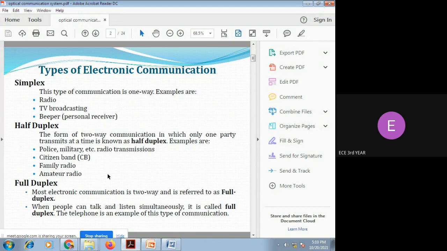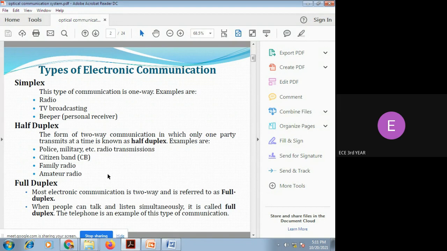Repeat once again. First one is simplex operation. It is a one-way communication, exchanging the information only one side, not the other side. It is called simplex communication. Example, TV broadcasting. Second one is half duplex communication.